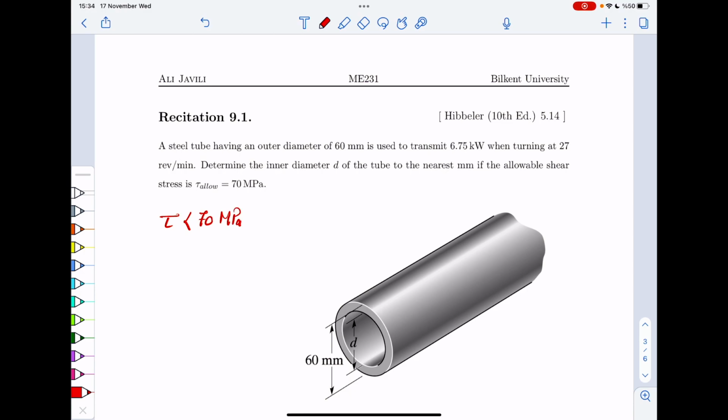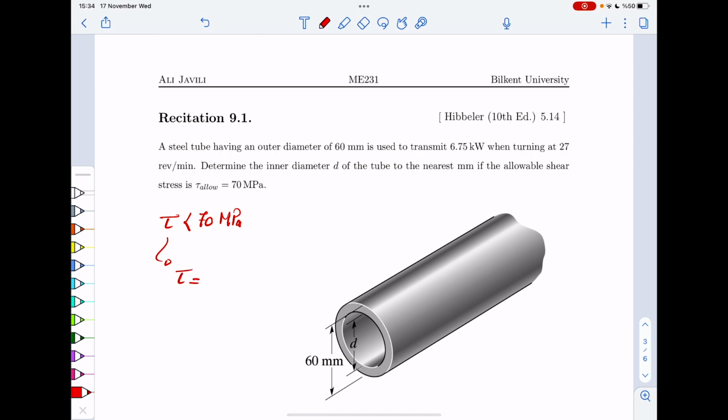If you remember, for a torsion problem of a shaft, tau is related to torque T via the formula TR over J. The maximum shear would occur at the maximum R. So the maximum R here is the outer radius, which is half of 60 millimeters. So that is 30 millimeters, or 0.03. So we have that.